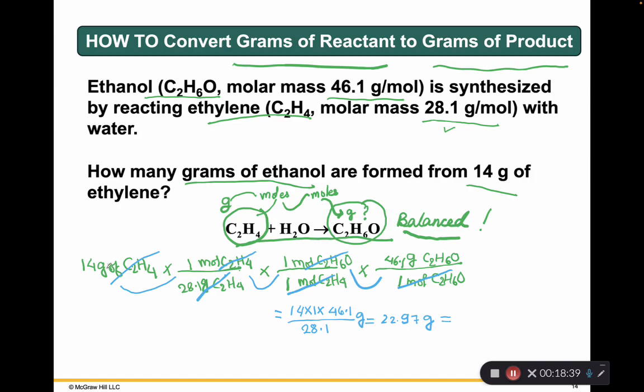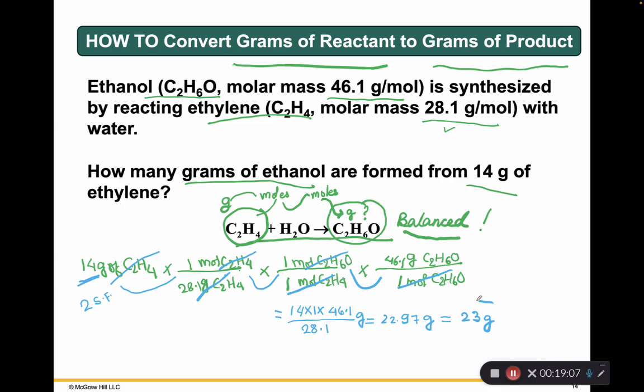Now you have to report this number in the correct significant figures. If you look at the starting number, you have 14 grams. This is 2 sig figs, which means your final answer should also be reported in 2 sig figs. So to make this number 2 sig figs, you can write 23 grams, because 9 is greater than 5, so when you drop that digit you add 1 to the preceding one.